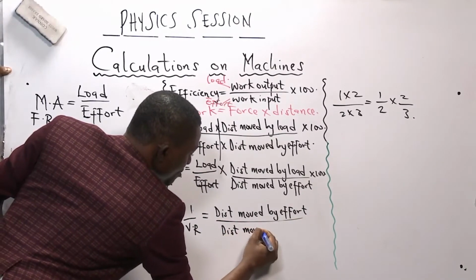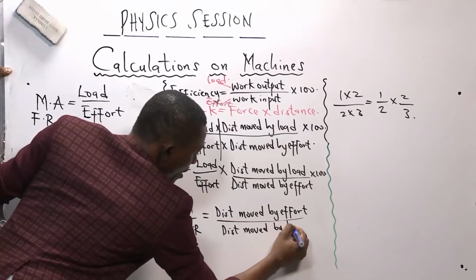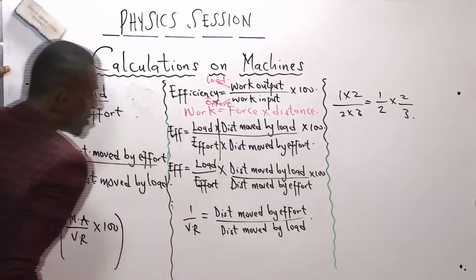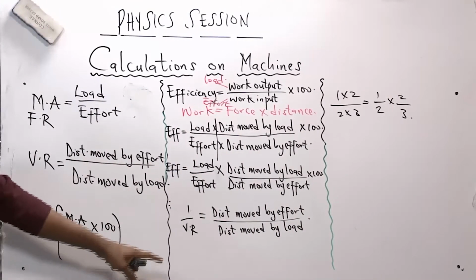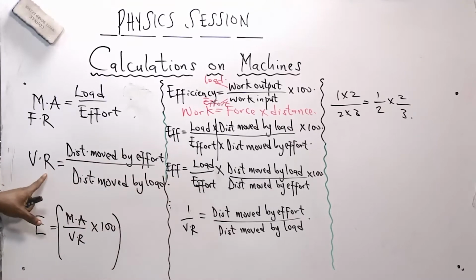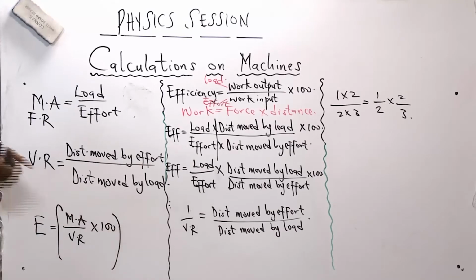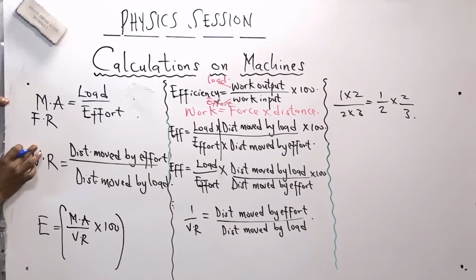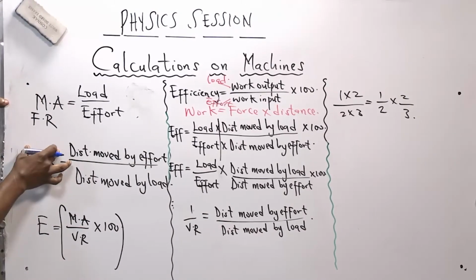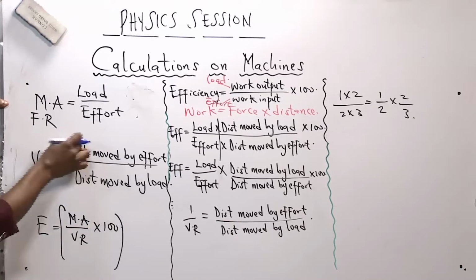I'm sure you are wondering how I got to this step. I'm going to explain it now. So see what I did here. From here, we said that velocity ratio is equal to distance moved by effort over distance moved by load, right? So if we take the reciprocal of this now, that is 1 over velocity ratio, that means we are going to swap this one back.